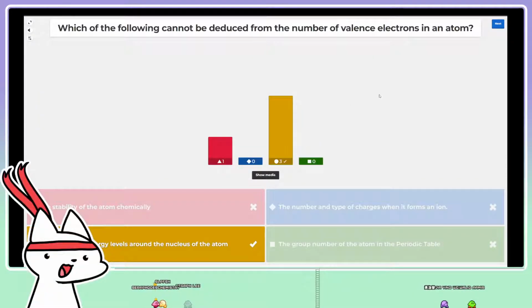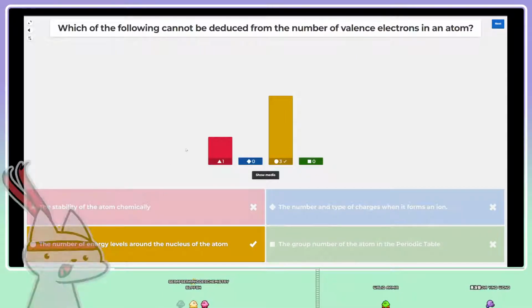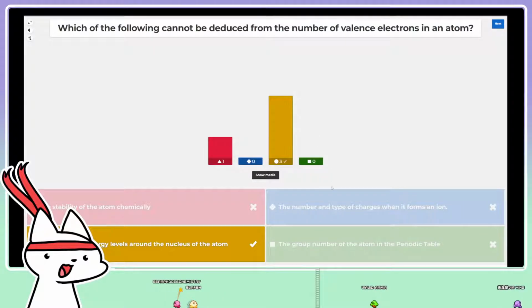Okay, in this case, valence electrons tell us the charge: 1 plus, 2 plus, 3 plus. So that tells us how reactive it is, or how easily it can give electrons. The stability of atoms chemically, to give or share electrons, can be determined by the valence electrons due to the charge.